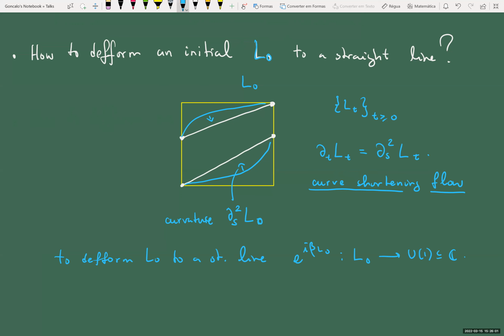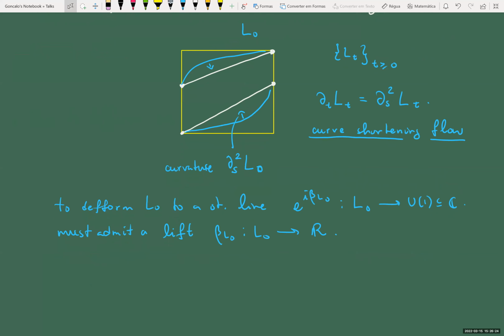So it needs to be homotopic to a constant, and that means that I can find a lift beta L naught from L naught to R. So that function must admit a lift beta L naught from L naught to R. Okay, so that's a condition.